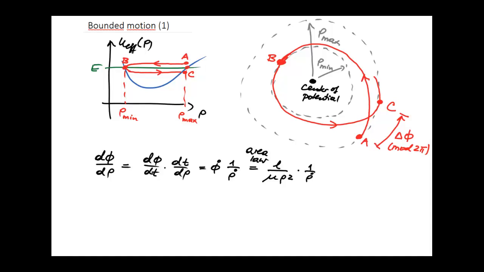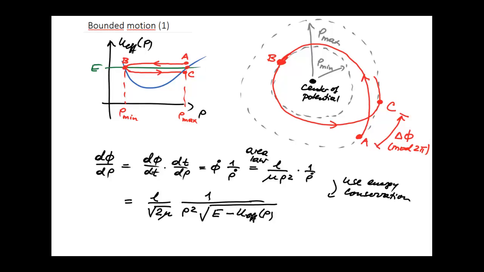For the rho dot, we use the conservation of energy, and we can write that as L over square root of 2 times reduced mass, and then we have 1 over rho squared, and the rho dot was, up to a factor which I have taken in front, the square root of E minus the effective potential as a function of rho.